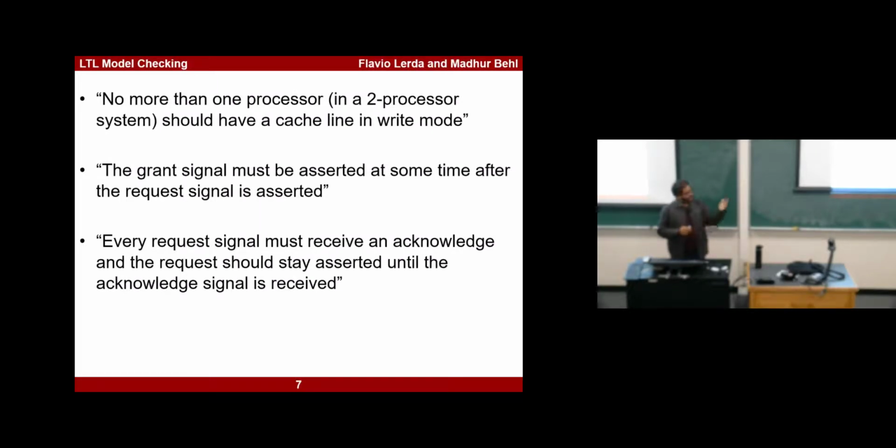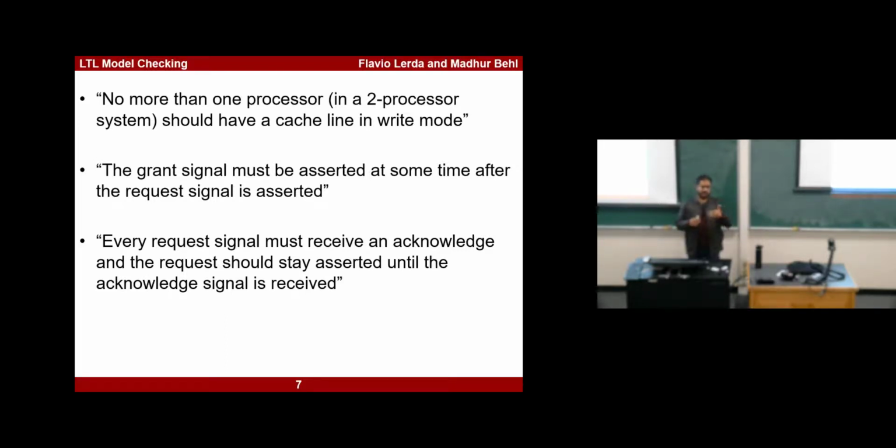Okay, so here are some things that we cannot specify in Boolean logic, if there's a notion of time. The first one says that if you have a multiprocessor system, you may want a requirement in your model of that system that no two processors can share the same cache line when they are writing at that time, right?